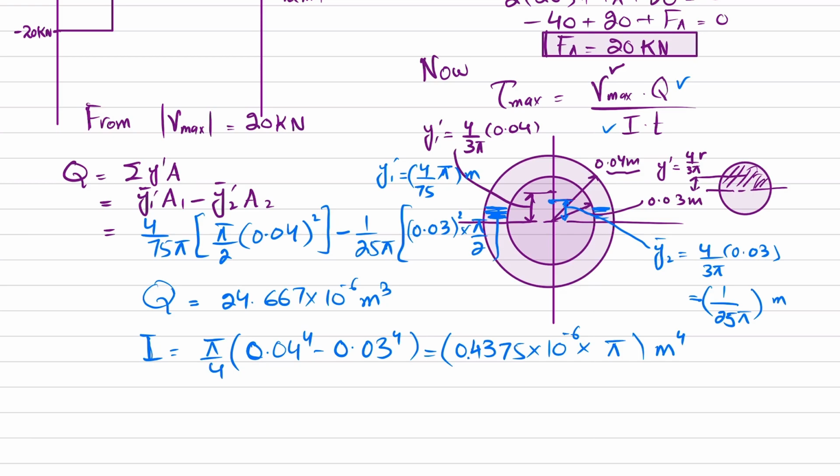So t is equal to 0.04 minus 0.03, multiplied by 2, because 0.04 minus 0.03 will only give you this one thickness, and we have 2 thicknesses, so we multiply it with 2.